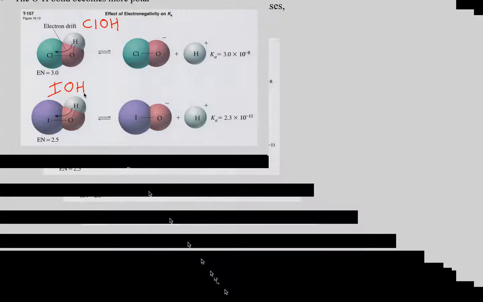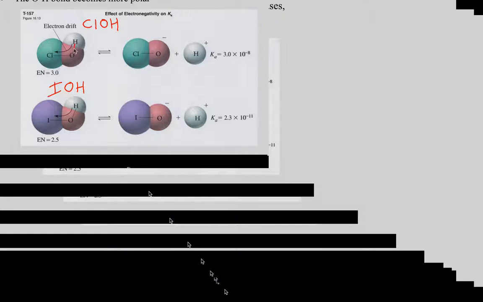Well, let's think about it. We've got hydrogen bonded to oxygen, so it could be an oxyacid. But how do we know that it's an oxyacid? Well, we know because we look here, and the chlorine and the iodine are nonmetals. So that tells us that it's either going to be an oxyacid or it's going to be an alcohol.